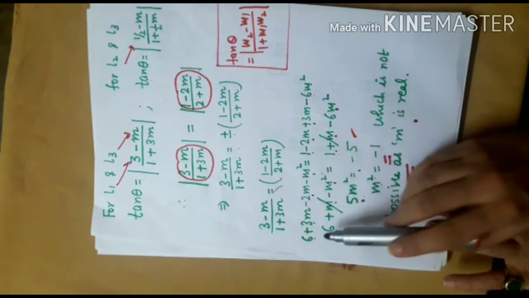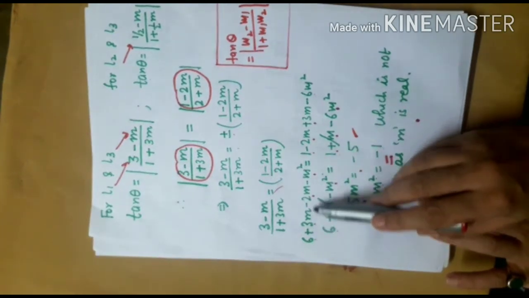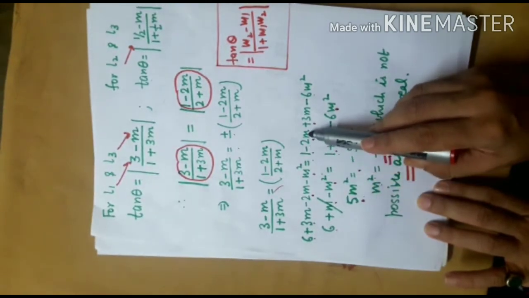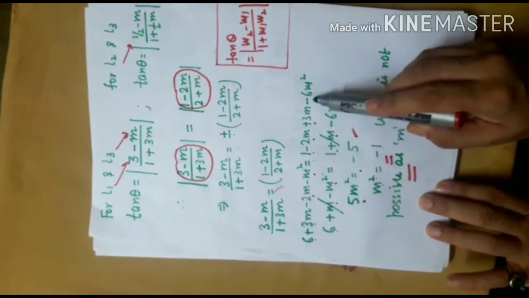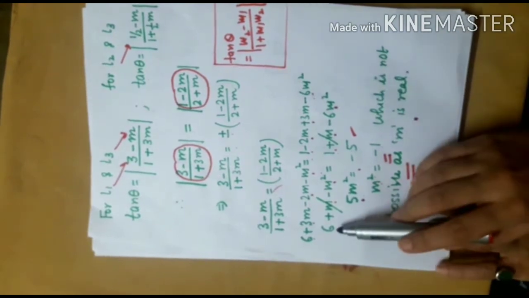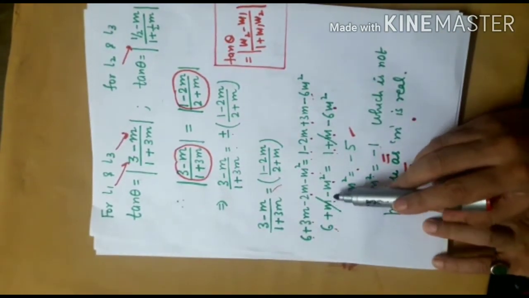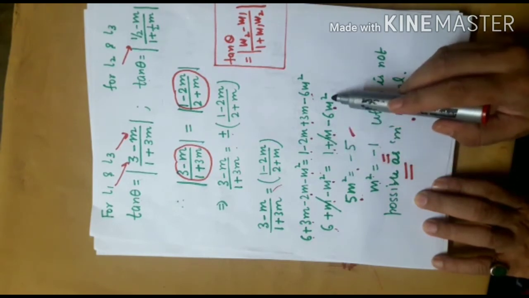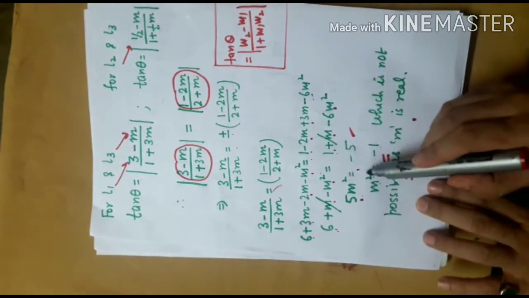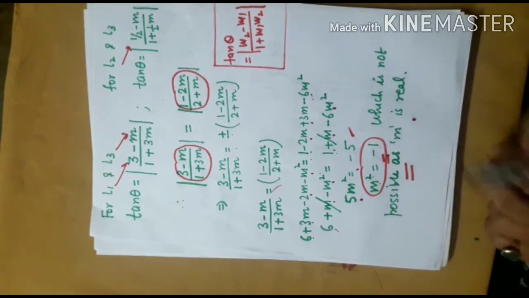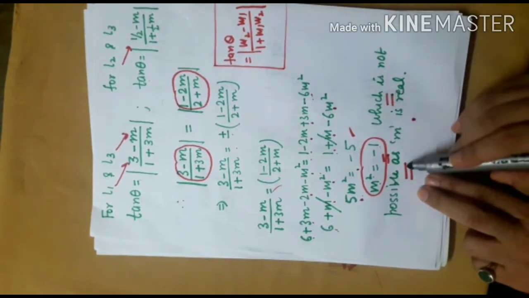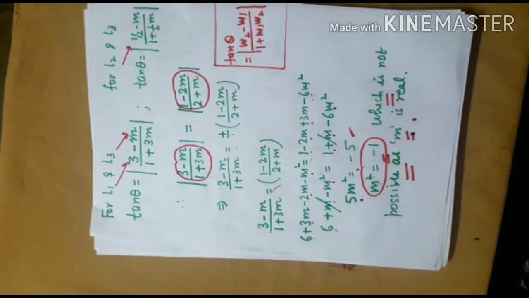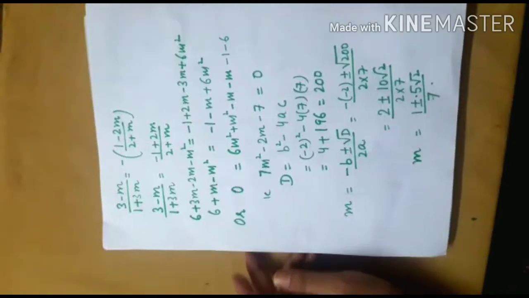So cross multiply, I'll get 6 plus 3m minus 2m minus m square equals 1 minus 2m plus 3m minus 6m square. That is 6 plus m minus m square equals 1 plus m minus 6m square, and it will give you m square equals minus 1, which is not possible because m is a real number and the square of a real number cannot be negative.